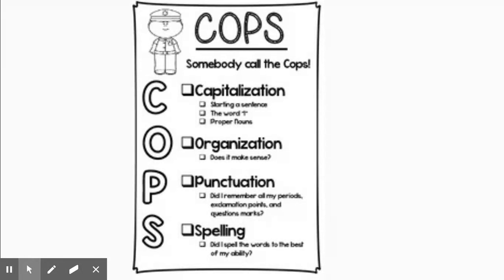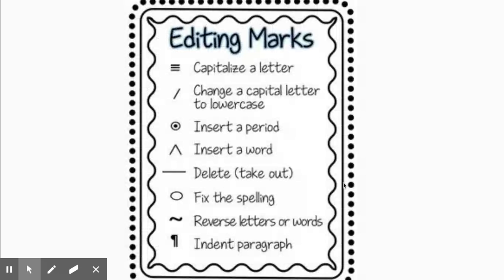But then the question is, how do I fix these? We will fix these using our editing marks. If we need to capitalize a letter, all you're going to do is write your 3 lines under it and write the capital letter above it. That shows that we edited rather than just erasing and fixing.